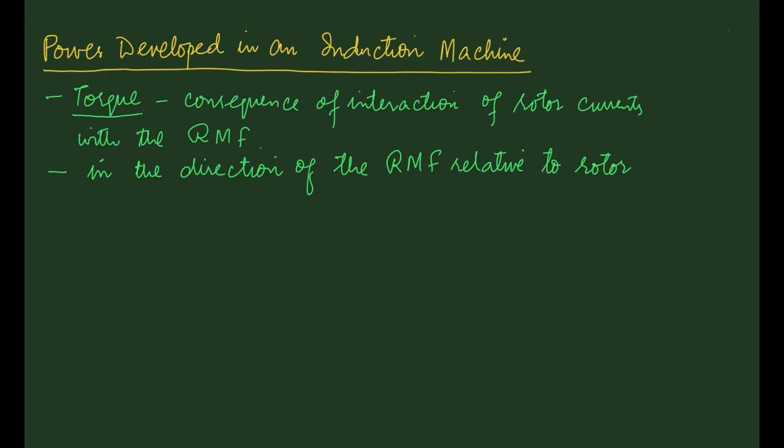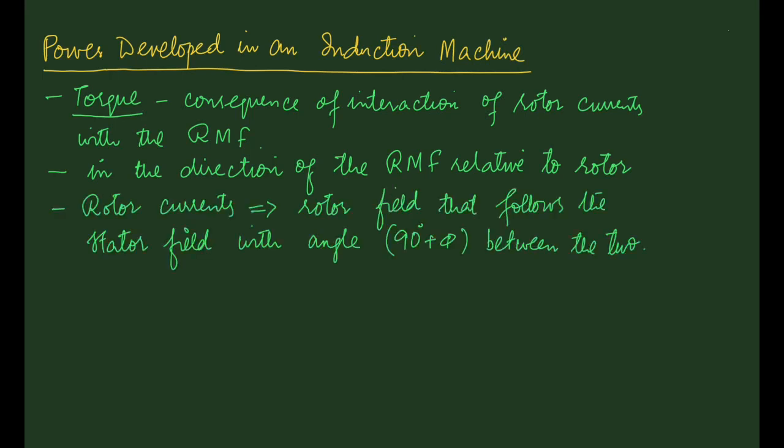We also observed that the rotor currents create a field of their own, and this field follows the stator rotating magnetic field with an angle of 90 plus phi behind the stator rotating magnetic field, where the angle phi was defined as the rotor power factor angle.